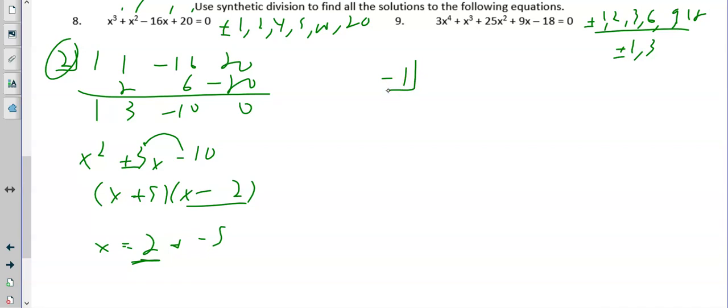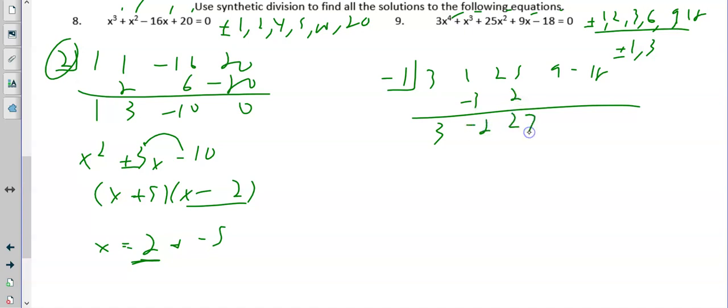Okay? The other one's a fraction, the other one's imaginary. So 4, 3, 2, 1, 0. 3, 1, 25, 9, negative 18. Drop the 3, multiply. Add straight down, multiply. Add straight down, multiply. Add straight down, multiply, 0.